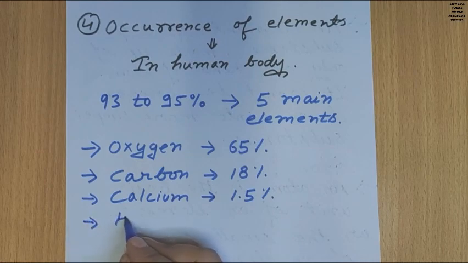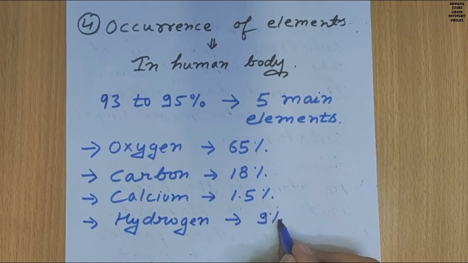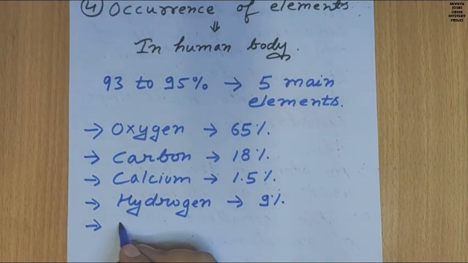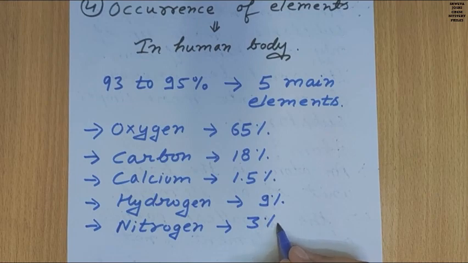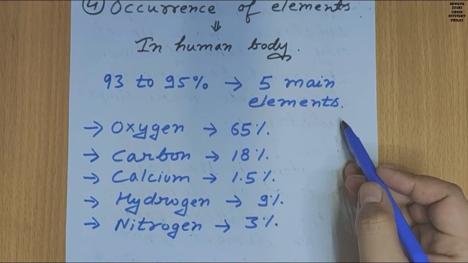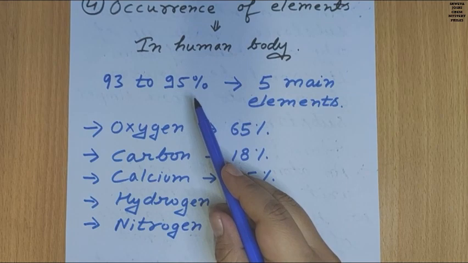Next, hydrogen, around 9%. And the fifth element is nitrogen, which is around 3%. So in the combined form, these 5 main elements comprise 93 to 95% of the mass of the human body.